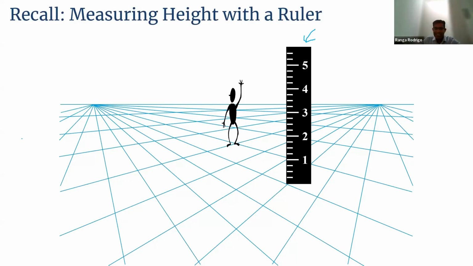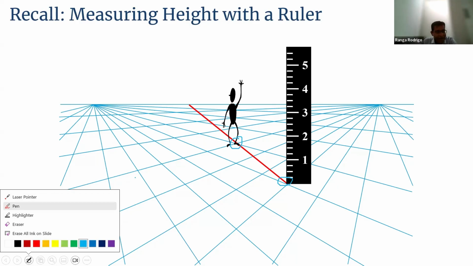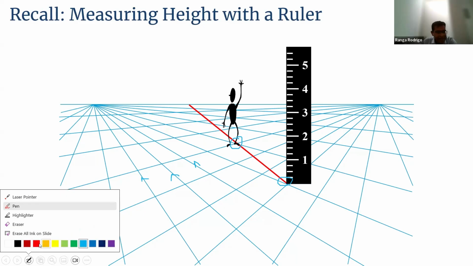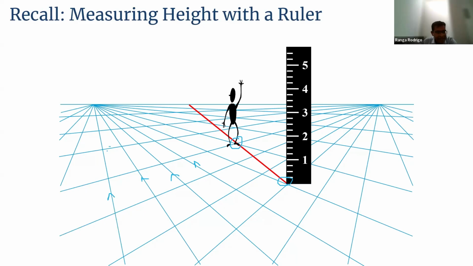So the trick is interesting. The trick is knowing what are the parallel lines. Now let's draw a line from the bottom of the calibration object, the ruler, through the leg of the person. Assume that this is a tile floor. In this tile floor, you can see one set of parallel lines, these lines, and another set of parallel lines, these lines.